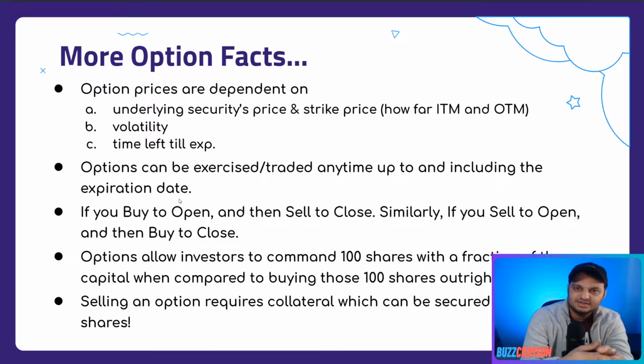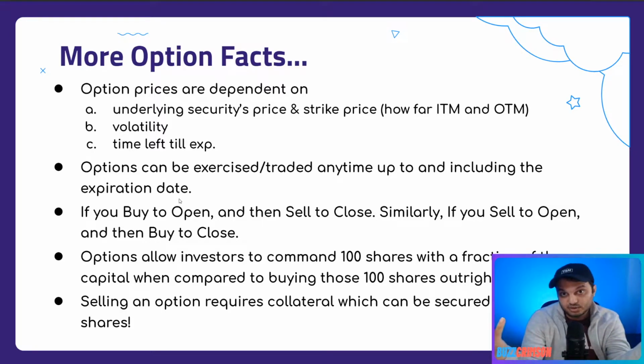You have a smaller window to claim. So the one that has more days is going to be more expensive, right? So the option that has a lot of days till expiration is going to be more expensive. Okay, so options can be traded or exercised anytime up to and including the expiration date.